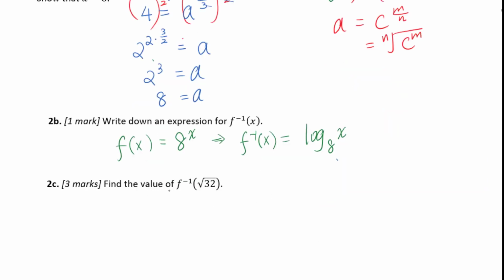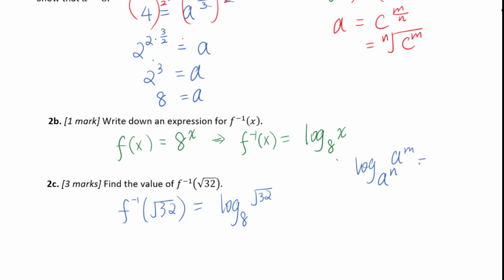For 2c, find the value of the inverse of f of square root of 32. So the inverse of f of square root of 32 equals log base 8 of square root of 32. We will use log base a to the nth power of a to the m's power equals m over n to figure out this value.